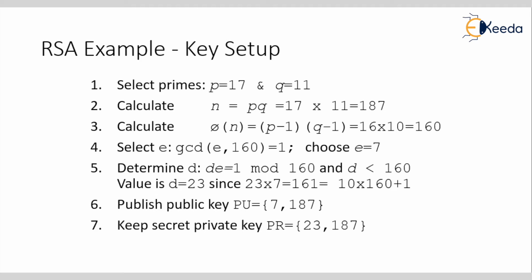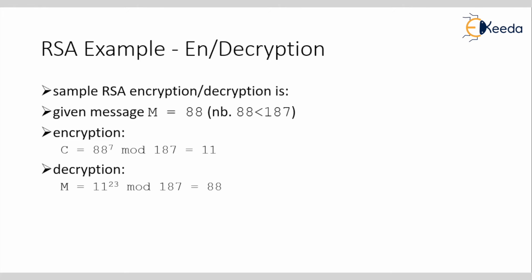After calculating, we get d as 23, and hence the private key PR as 23, 187, which is d, n, and the public key pair as 7, 187, which is e, n. We will see in detail how to choose e and how to determine d once we start with the numericals part. This was just an example to tell you how things are computed in the RSA algorithm.